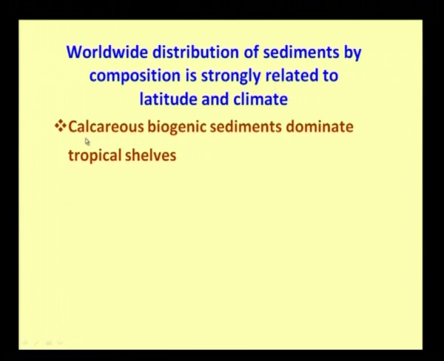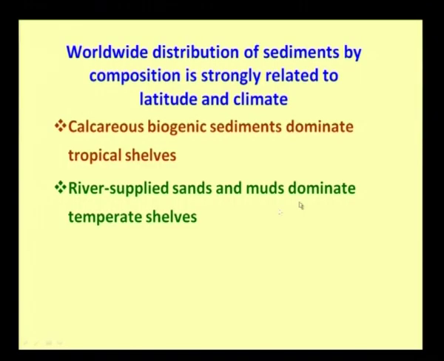The first category is calcareous biogenic sediments, and they are dominating in tropical shelves. That means, in the tropical region, calcareous biogenic sediments, because the tropical places or the tropical forests are characterized with a lot of biotic environment, and therefore, the sedimentation happening in the tropical islands, tropical places is biogenic sediment.